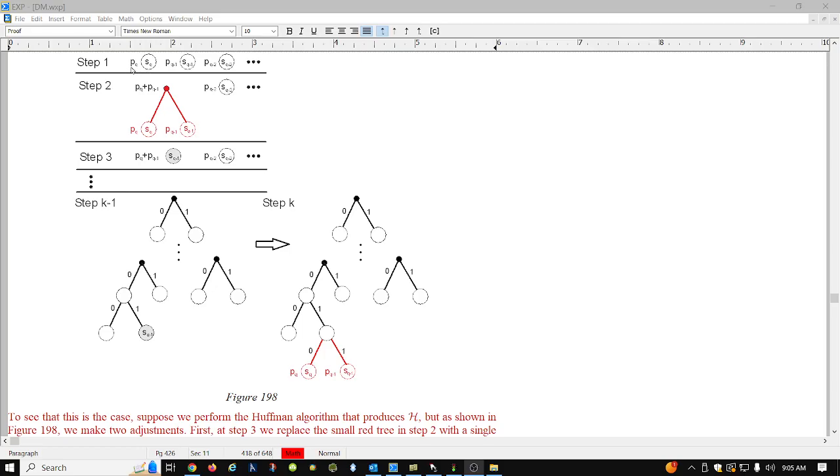Remember, the probabilities descend from P1 down to PQ, and here's PQ minus 1 and so on. And the next step is to combine these two vertices, and I've drawn everything in red here. And we label this top node with the sum of the two probabilities, PQ plus PQ minus 1.